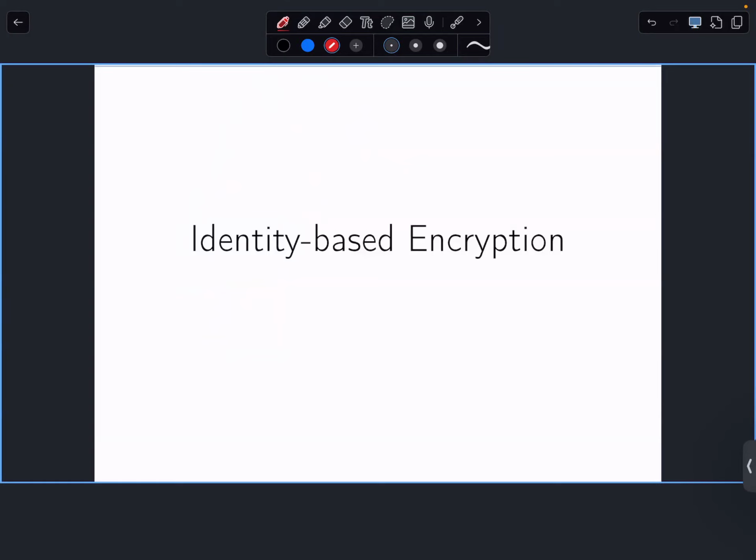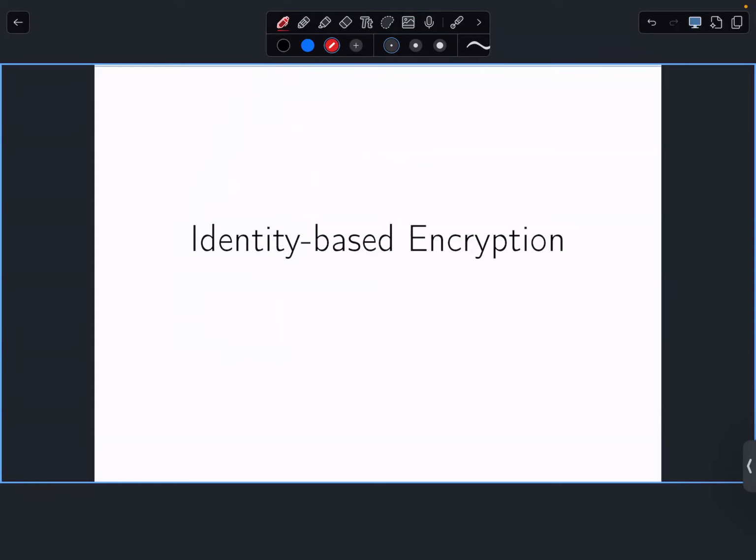CCA1, where the adversary gets an additional resource, a decryption oracle, before choosing his messages, and CCA2, where he has a decryption oracle all along. So the different flavors that we've seen so far for public key encryption were mostly about different flavors of security, but not different flavors of functionality.